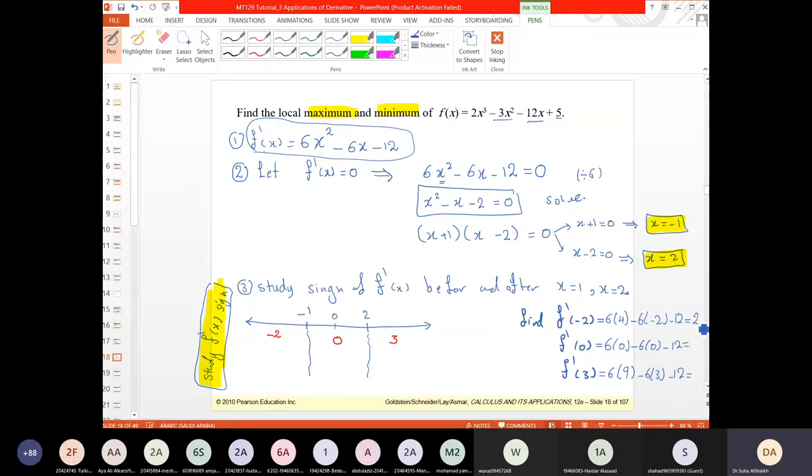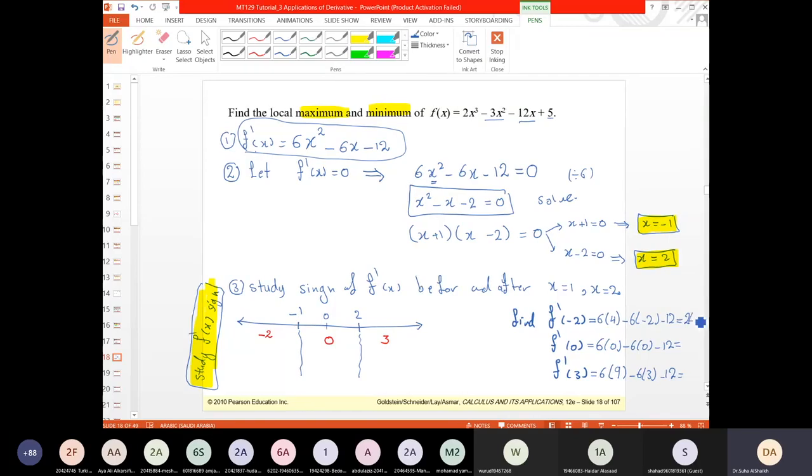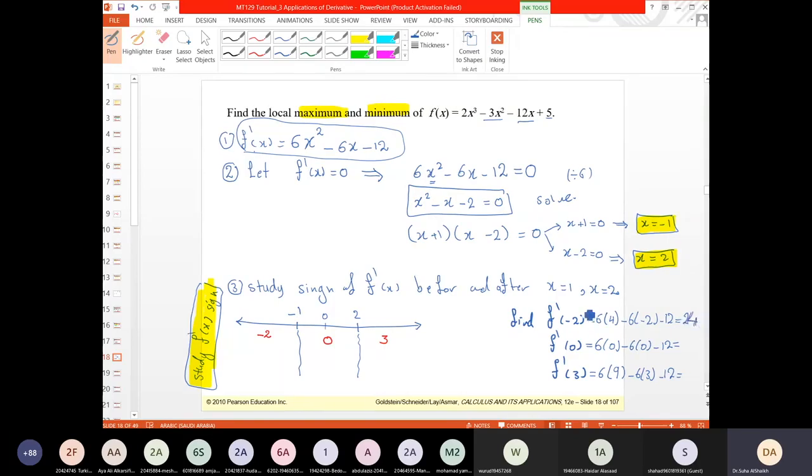This one is the 24 you said? Yes, this is 24. What about this one? It's -12 of course. What about this one here? This one is a 24.